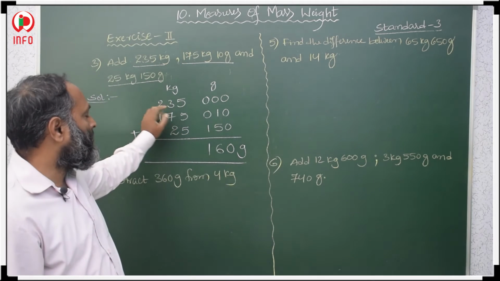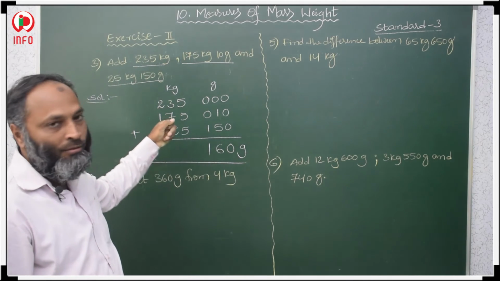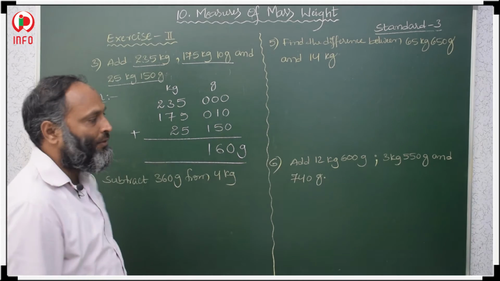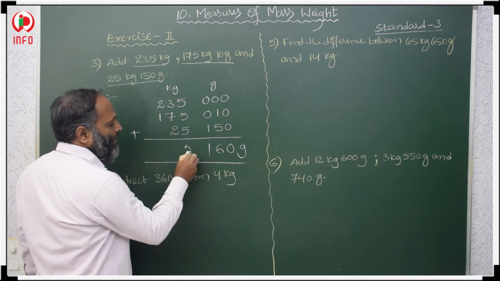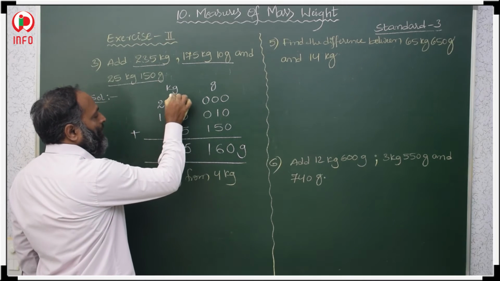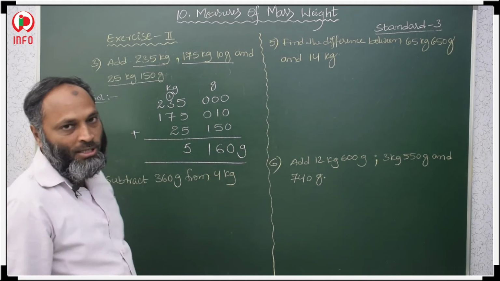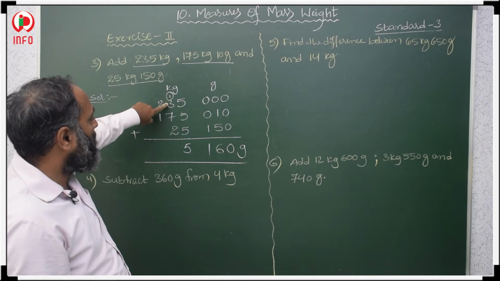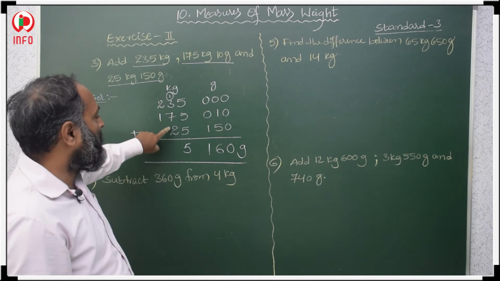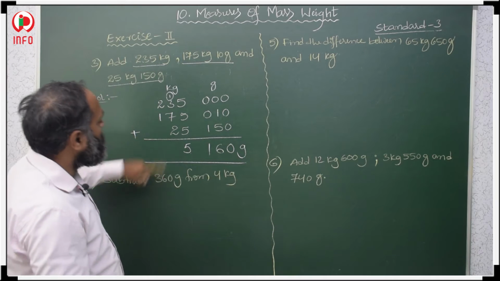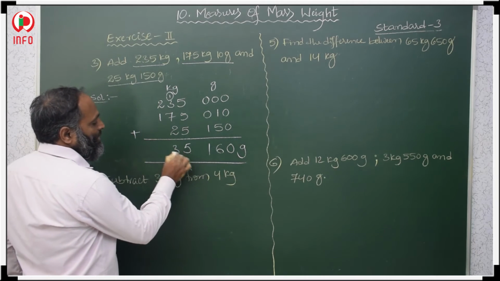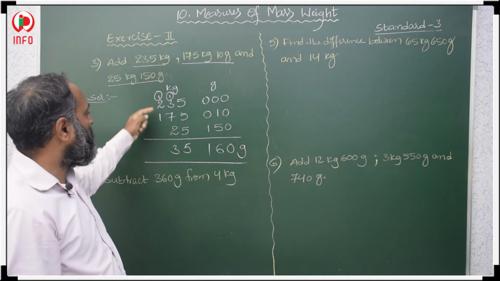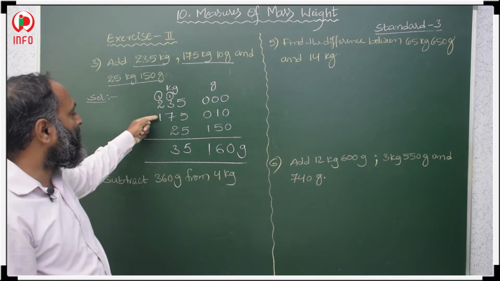Now kgs part. 5 plus 5, 10, 10 plus 5, 15. 15 ones means 5 in ones place, 1 we have to take as carry over on tens place. Then 1 plus 3, 4, 4 plus 7, 11, 11 plus 2, 13. 13 means 3 in tens place, 1 we have to take as carry over. Now 2 plus 1, 3, 3 plus 1, 4.